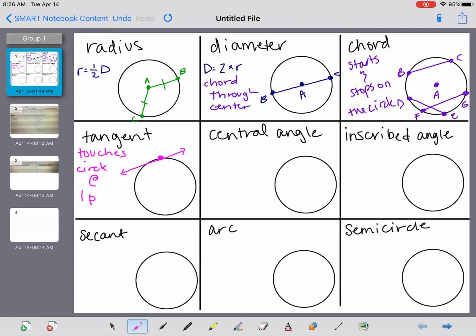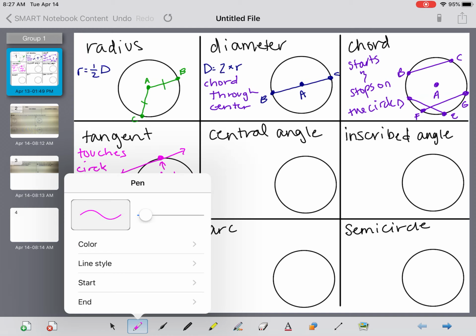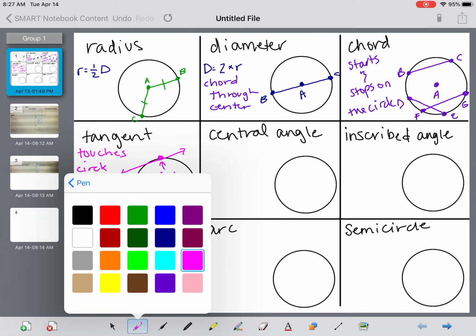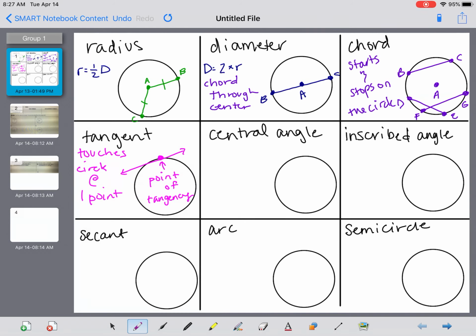That is a tangent. So it touches the circle at one spot. And that point where it touches the circle is called the point of tangency. And that's going to be important.